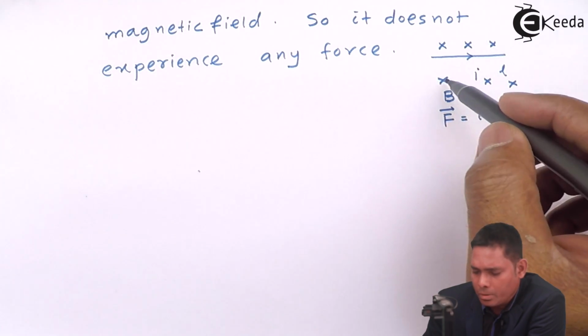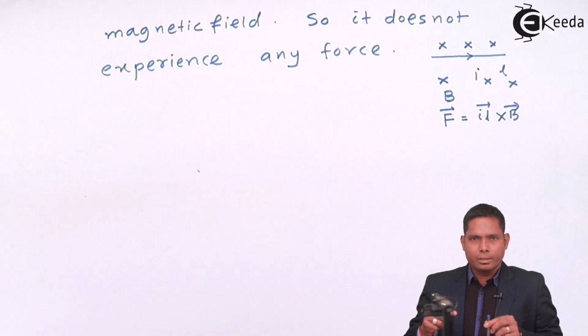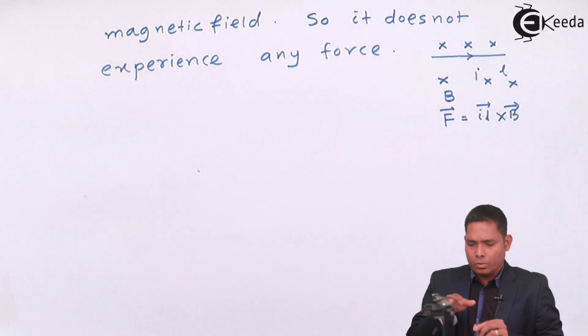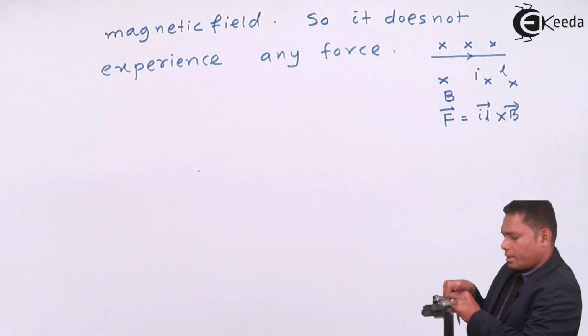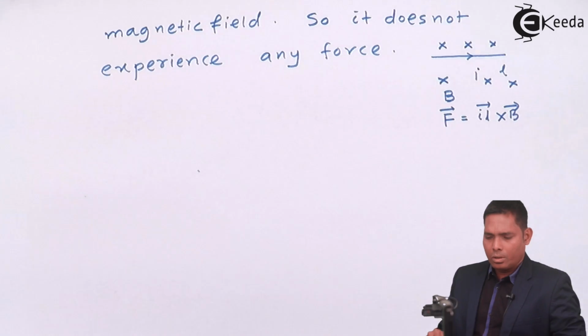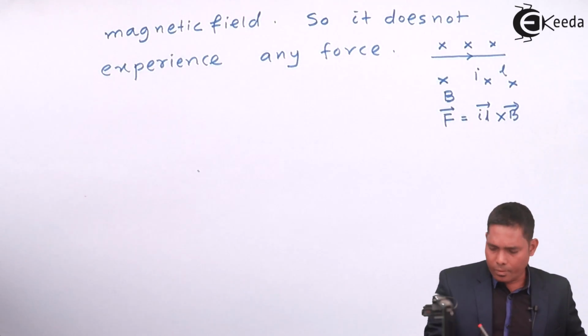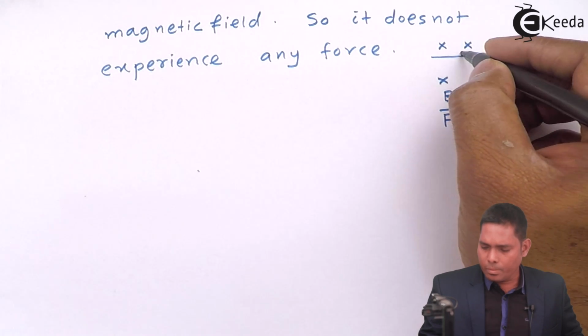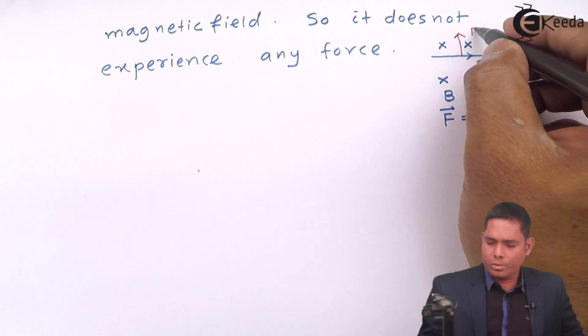B is into the paper, so it is vertically downward, and IL I have drawn like this. So IL cross B is like this, the force will be in this direction. This is the direction of the force.